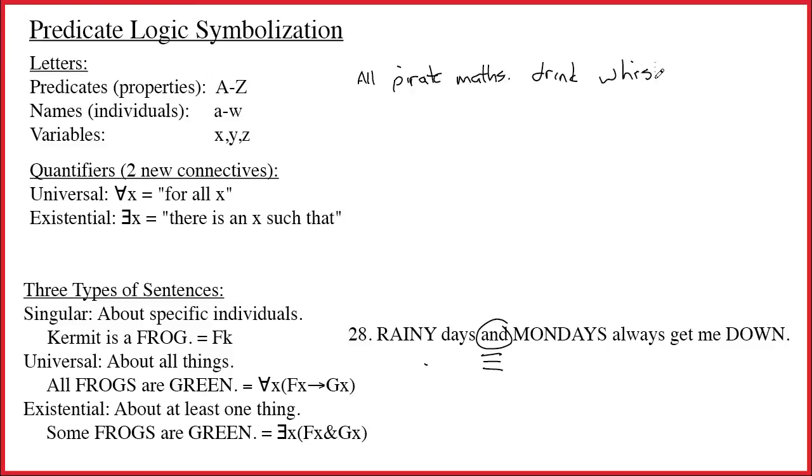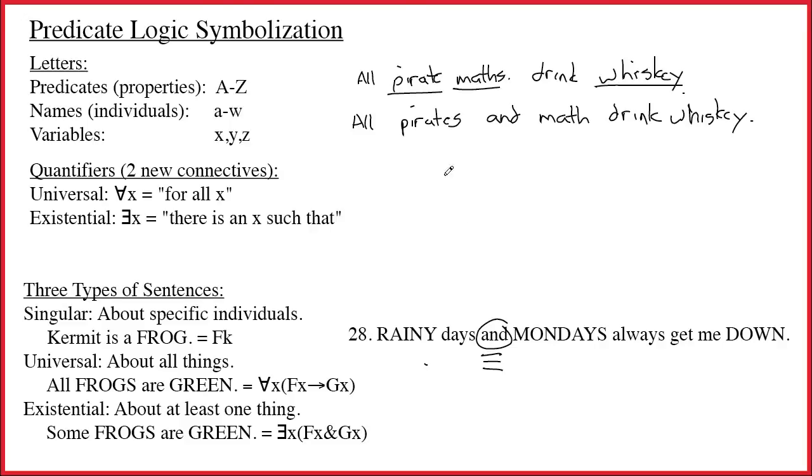Versus, let's have our other sentence be, all pirates and mathematicians drink whiskey. Can you anticipate the difference between the symbolization of these two sentences? Got the same three predicates in both cases, and they're both obviously universals.